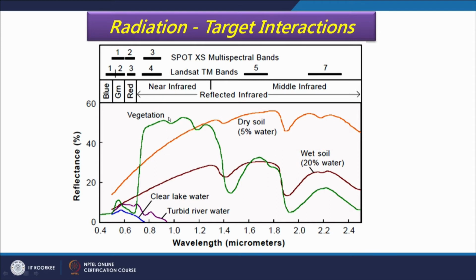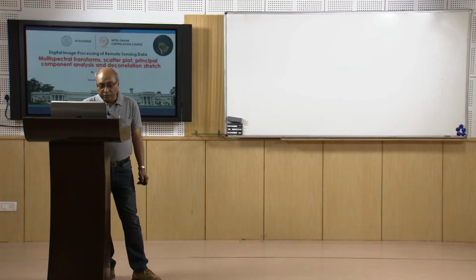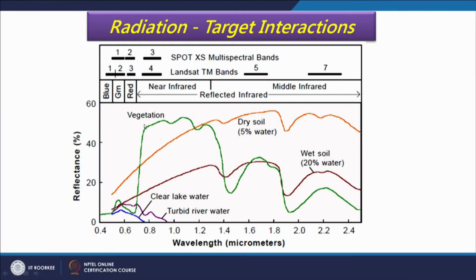If I create a ratio between, say, band 4 and band 3, then I am not only removing the topographic effects, but also involving two bands, and at the same time, because vegetation makes a major change in this spectral curve, this kind of band ratioing will help us.